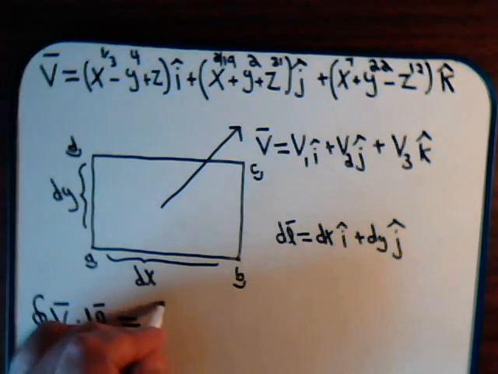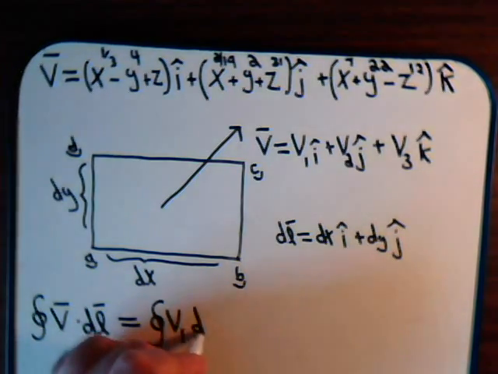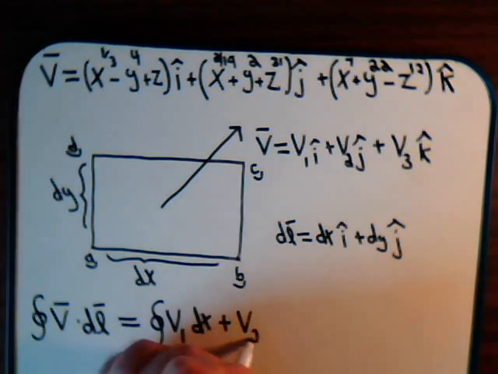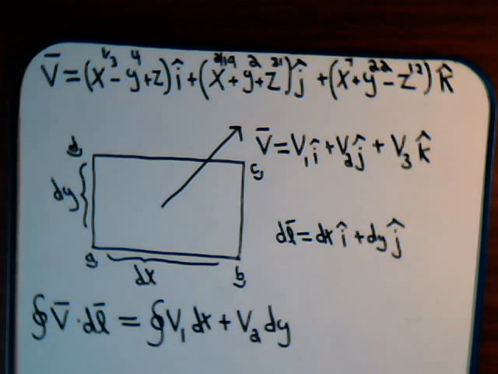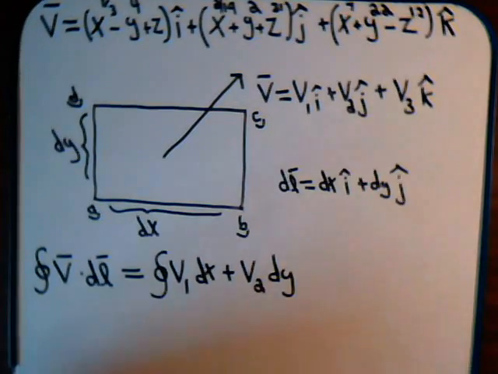So the other way of expressing it is like this, v1 dx plus v2 dy. Now, let's work with this part of the expression, v1 dx.